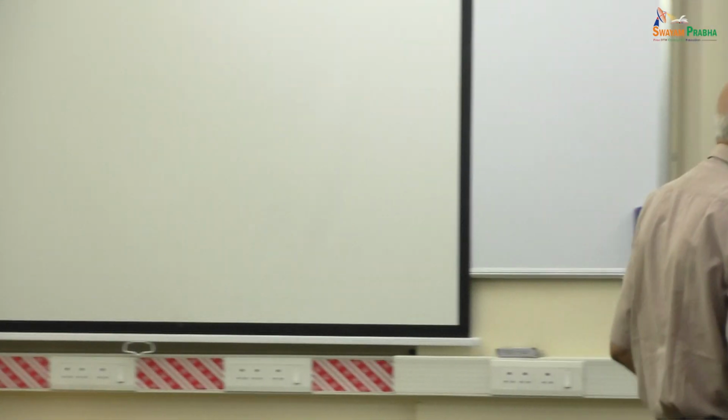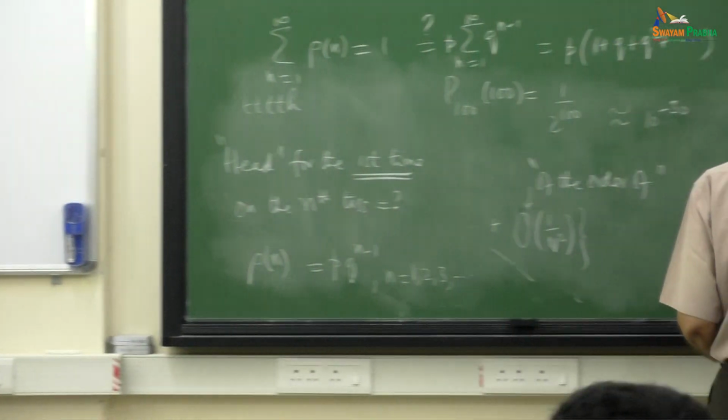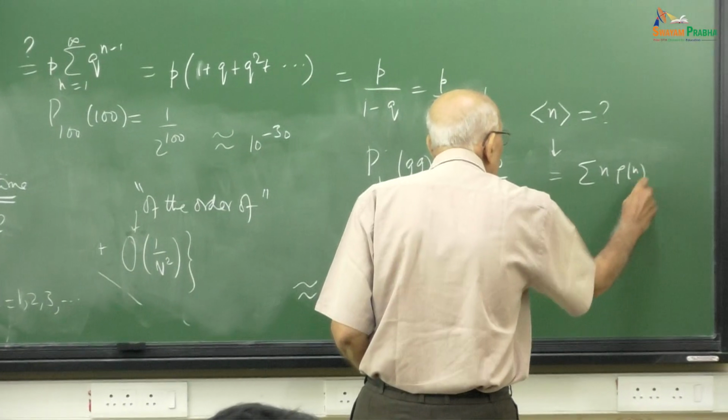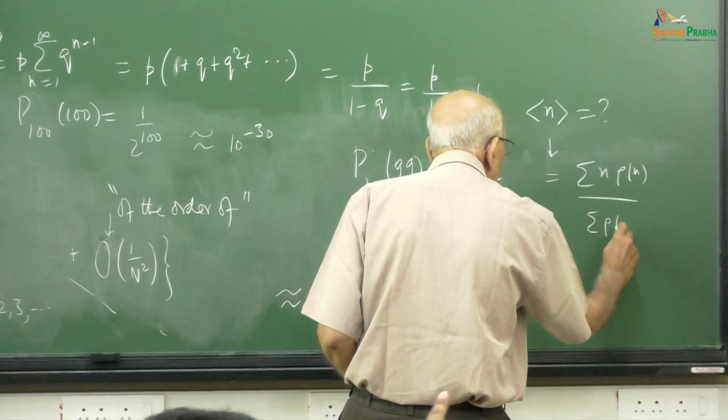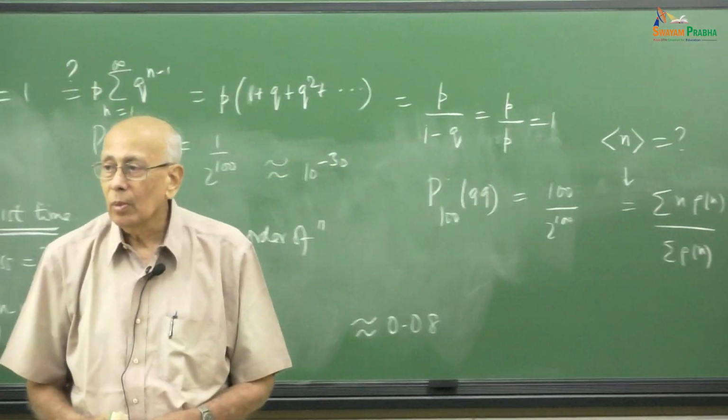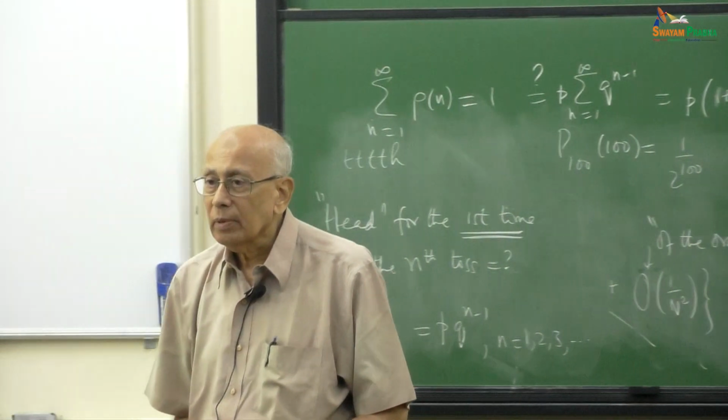So the actual formula for this is equal to the summation of n times rho of n divided by the summation of rho of n. The weighted sum over n. That's the meaning of the average value of n.